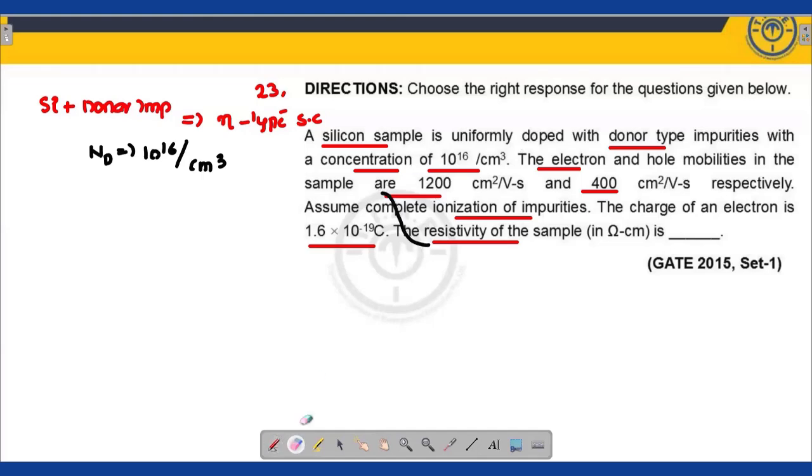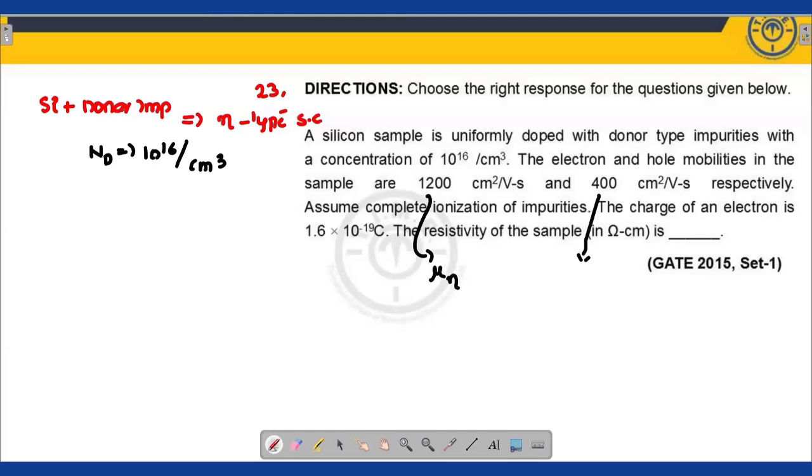See here, this is the electron mobility, this is the hole mobility. He has given all these particular values, my dear friends, and the charge is equal to q. Now he is asking the resistivity of the sample, of an n-type semiconductor. We know the formula for the conductivity.